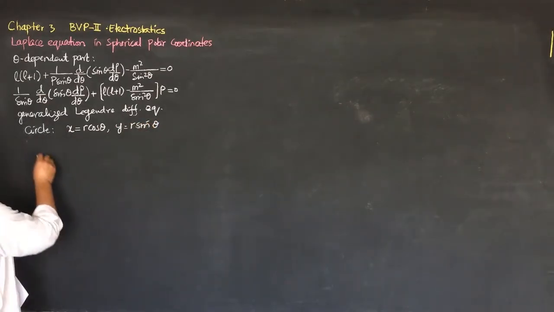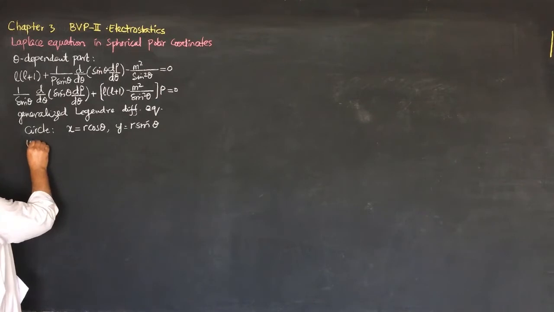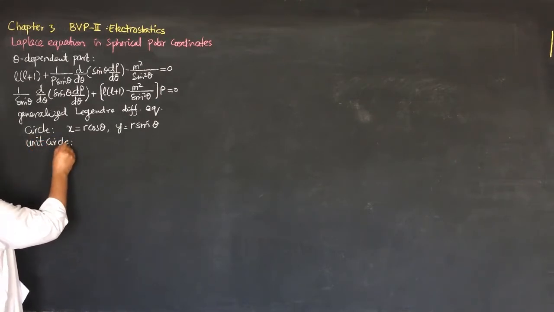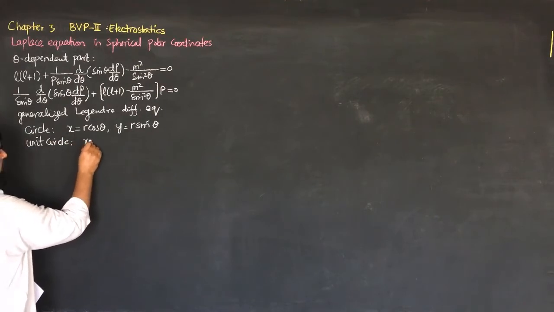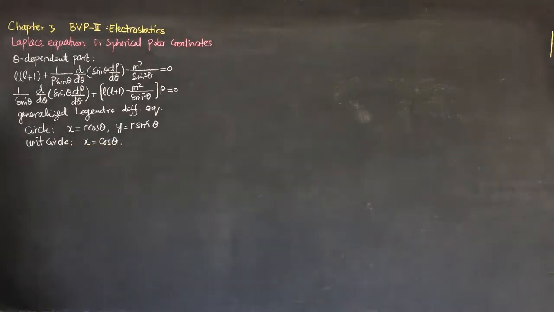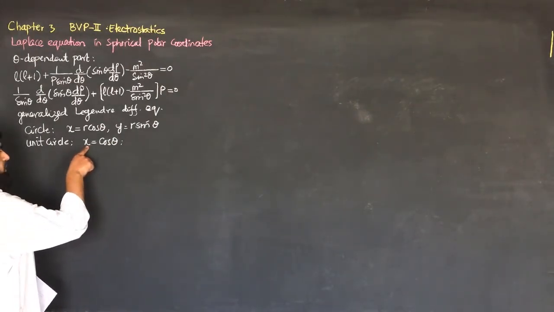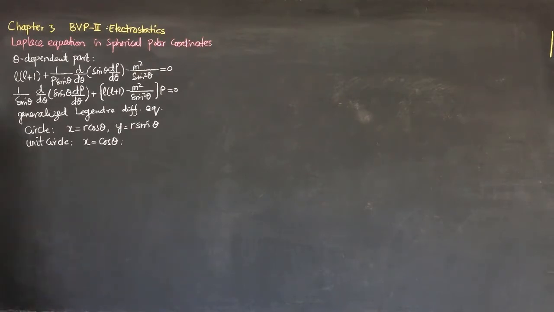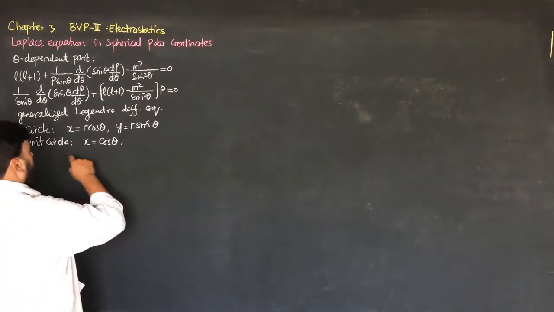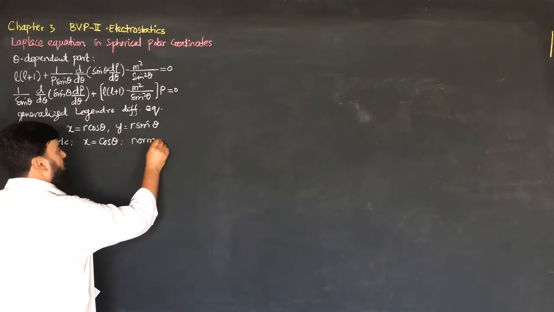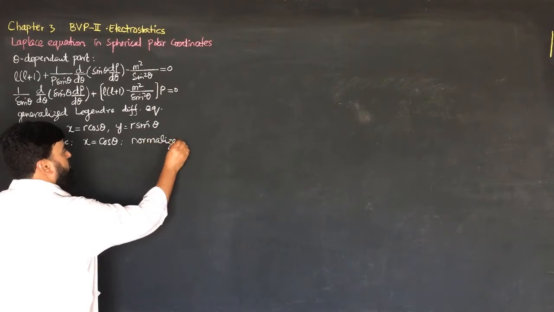So if I consider a unit circle, a circle with radius 1, we will have x equal cos theta, and similarly y equals sine theta. When I consider a unit sphere, then that will also have x equal cos theta, and unit circle or unit sphere means we will consider the normalized sphere.